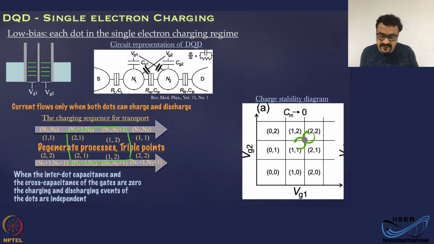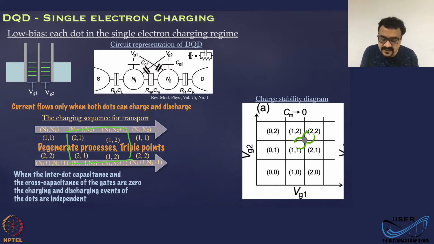Now, let's consider the first situation where the interdot capacitance and the cross capacitance, that means this capacitor and these two capacitances, are negligible, or almost not there.